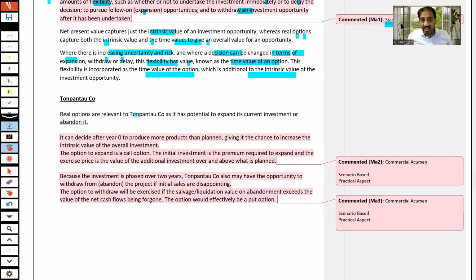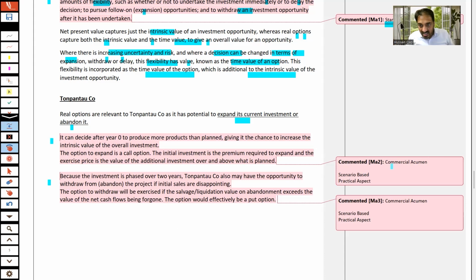Real options are relevant to Tonpantau as it has the potential to expand and abandon. How? If you explain the things and connect the concept with the case, always remember, you are actually earning the technical plus the professional skill marks of commercial acumen.